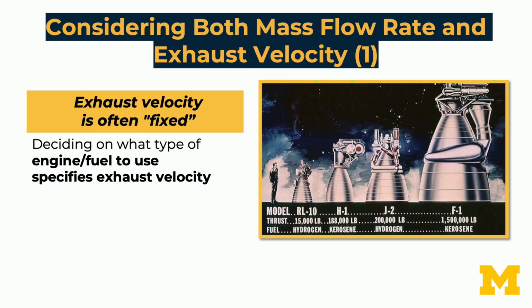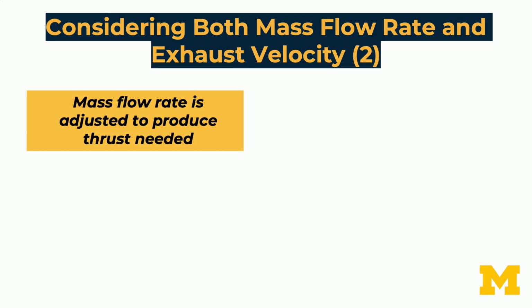Basically, what this means is that the exhaust velocity is often fixed. So we choose a certain type of fuel that we want to use, and we get a very specific exhaust velocity. And then we have to set the mass flow rate to get the thrust that we want. So to get off the ground, we need a lot of mass flow rate because rockets are very heavy.